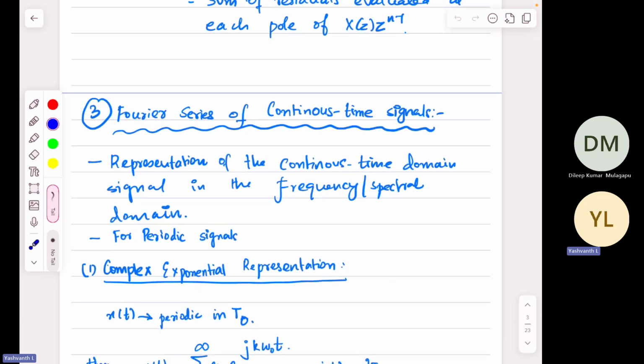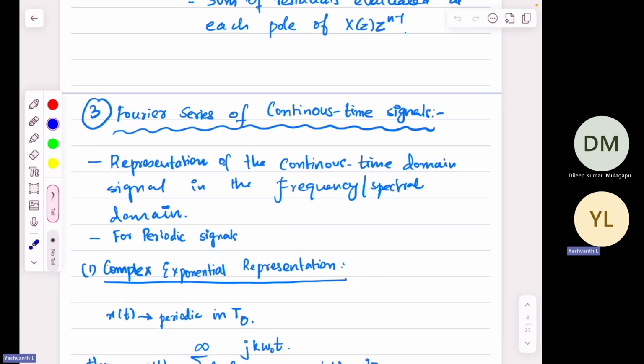Then we looked at what are systems, what are different types of systems, and then focused on a special class of systems called LTI systems, and characterized the input-output relationship of an LTI system by means of what is called a convolution. And we saw about Laplace transform. That is the first transform that we learned in this course.